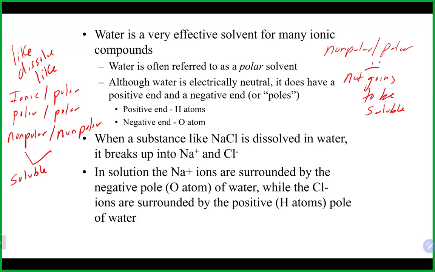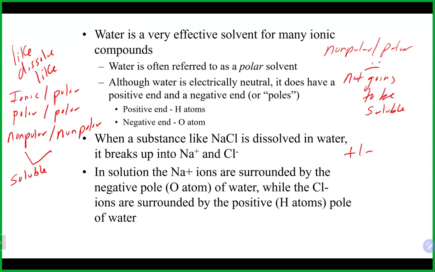So as we talked about before, water works really well for ionic compounds because it can do that opposite, electrostatic attraction. The way that pretty much all molecules interact with themselves or with other molecules is a basic electrostatic interaction, positive and negative attraction.